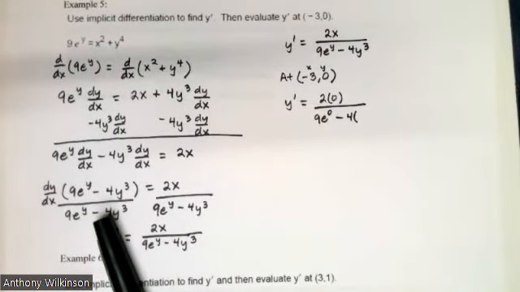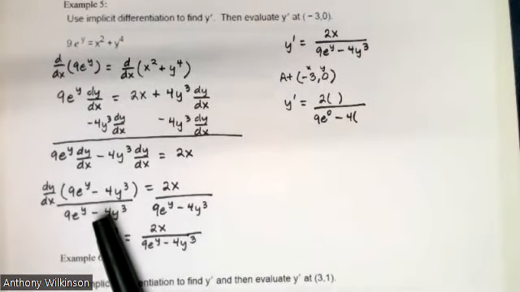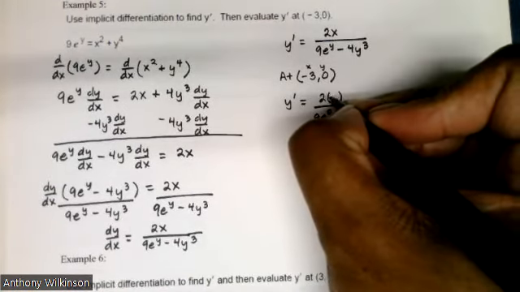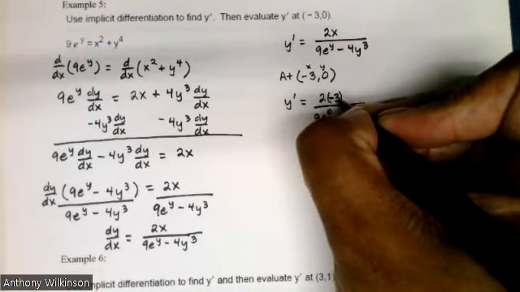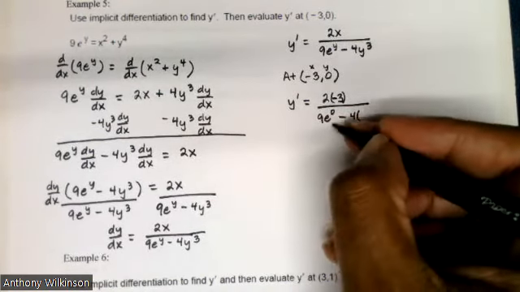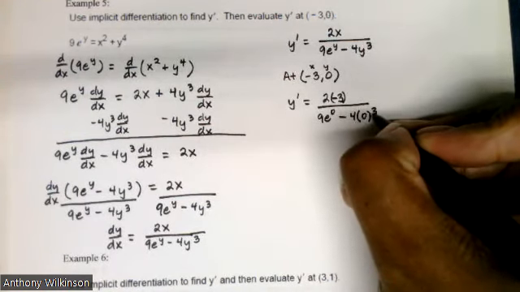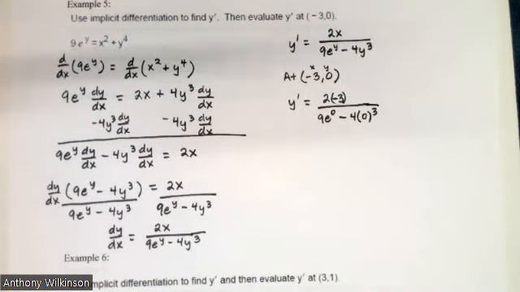Sorry, x is -3, so this should be 2 times -3 in the numerator. Two times -3, over 9e to the y, where y is 0, and then minus 4 times y, which is 0, and that's going to be cubed. Okay?